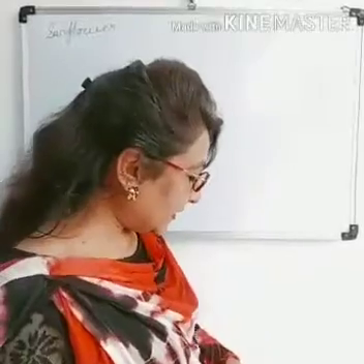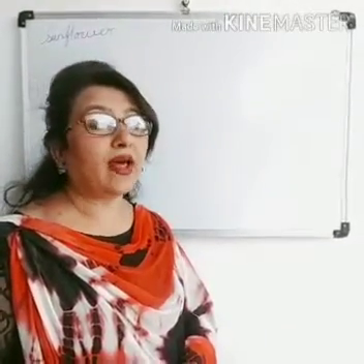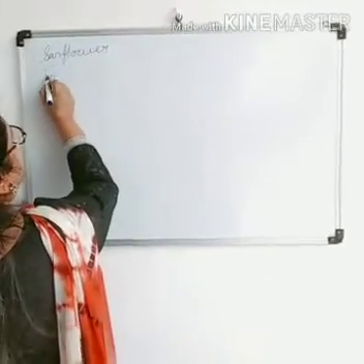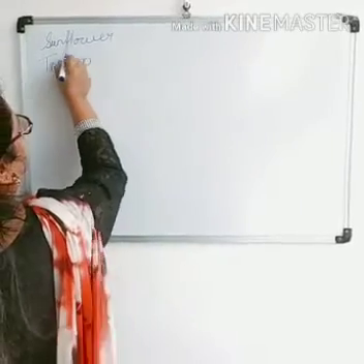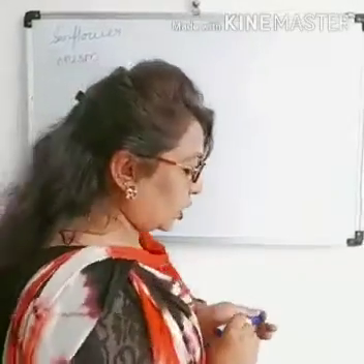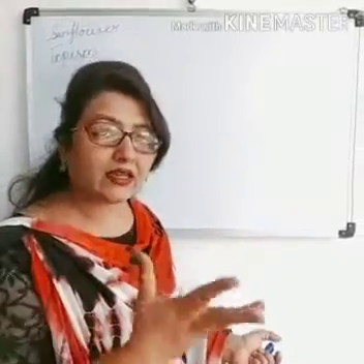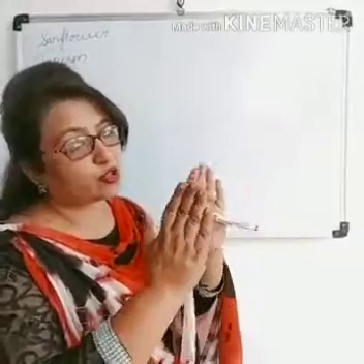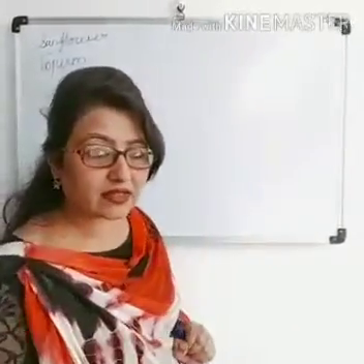Fine, it's clear. Now one more point that I want to say about the movement in plants is tropism. What is it? Tropism, T-R-O-P-I-S-M, tropism or tropic movement. Tropic movement is the same thing that I told you just now: seeing the light, the sunflower faces its face towards wherever it finds the sun.